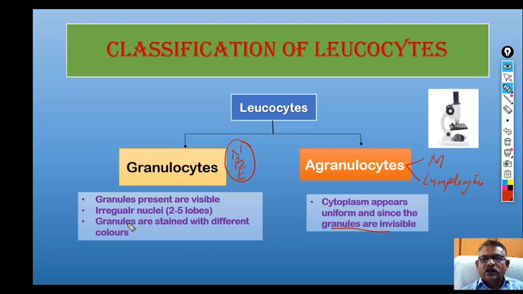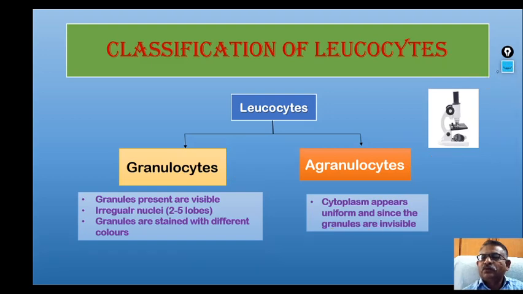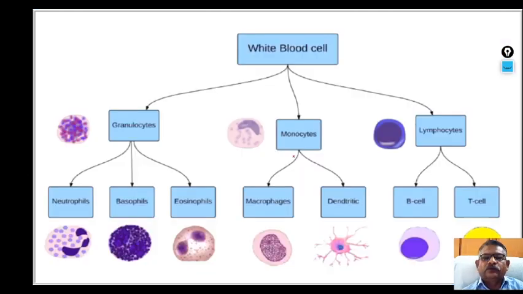Agranulocytes are those leukocytes which show uniform cytoplasm, and granules are invisible, so they are referred to as agranulocytes. Agranulocytes are of two types: monocyte and lymphocyte. This is the broad classification of these leukocytes. Let us go forward.